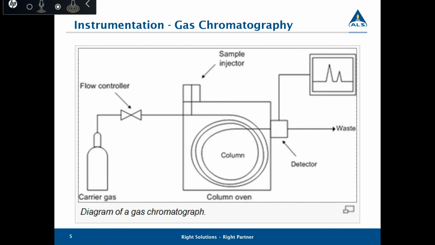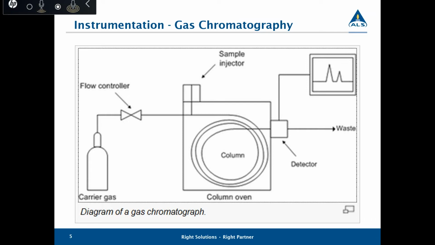The sample is injected, vaporized, and pushed through the column by the carrier gas. Sample components interact with the column with different affinity based on their boiling points, which results in different rates of elution through the column. Obviously the lighter hydrocarbons will come off the column faster, and the heavier will stay longer.